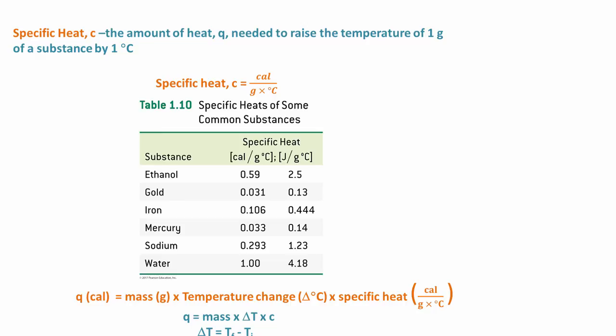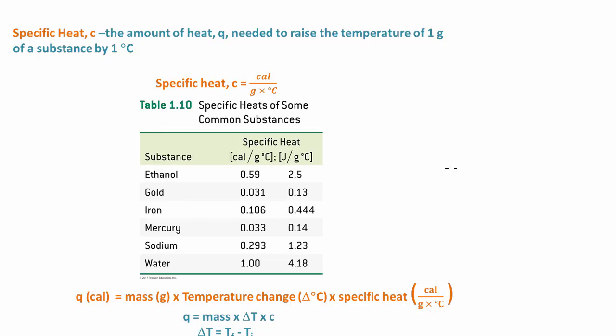Obviously, when you heat up a substance, that substance is going to absorb that heat. Think about when we put a pan of water on the stove to boil. We have to turn the heat up. It takes a little while for that water to boil because it has to absorb a lot of heat before it can boil. We'll talk about why it boils in a later chapter.